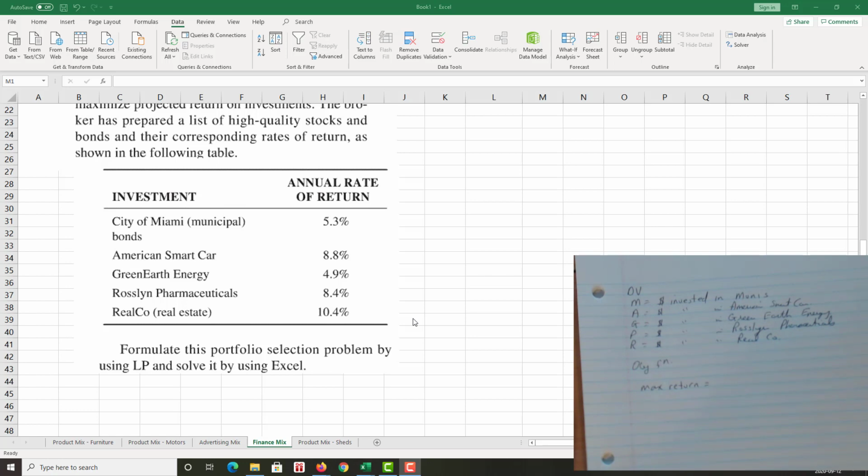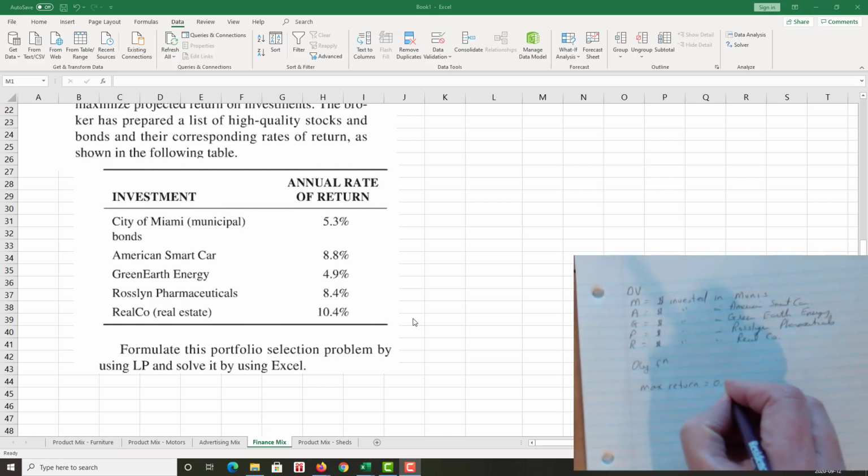I'm going to express those as decimals because I'm using them in a calculation, and that calculation is returning as its units an amount of dollars. And so in order to find out how many dollars I earn off of purchasing City of Miami municipal bonds, I would go 0.053 times however much I invested in those municipal bonds.